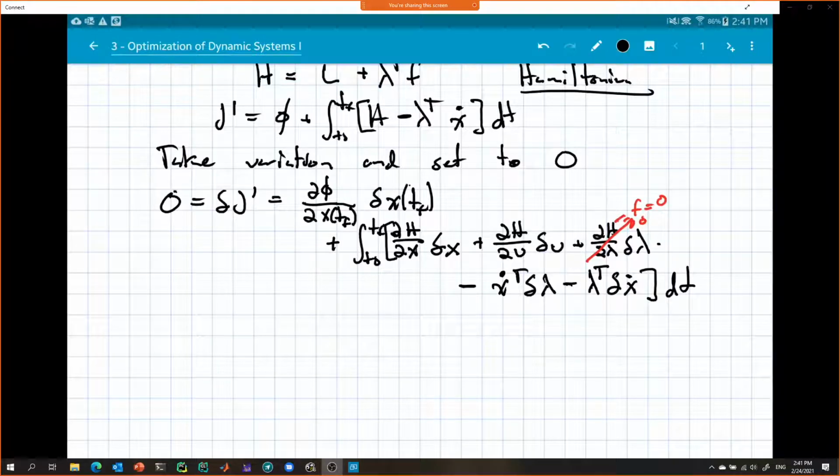Now, as of now, like we did with the parameter optimization case, we have variations with respect to the state x, and the variations with respect to the control u.